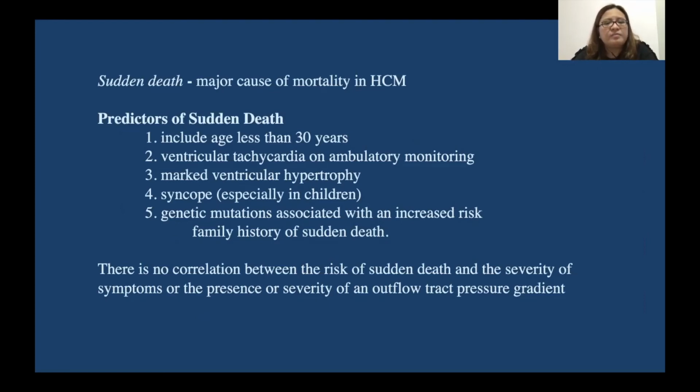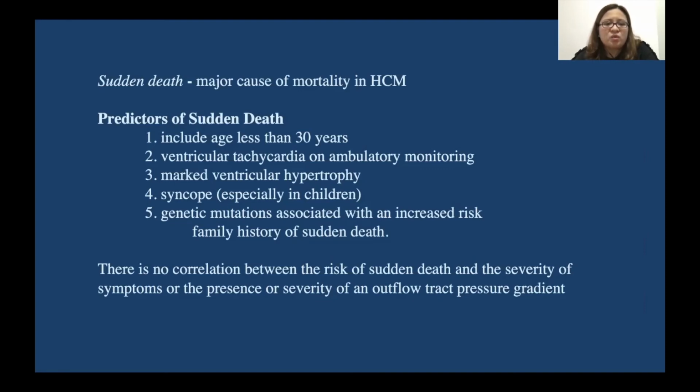These five criteria or parameters are the predictors of sudden cardiac death in HCM. Very young age, less than 30 years; presence of ventricular tachycardia on ambulatory monitoring; marked ventricular hypertrophy; syncope, especially in children; and those with genetic mutations associated with an increased risk or family history of sudden cardiac death.